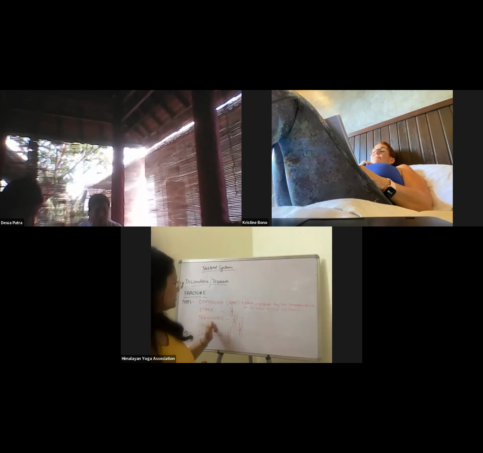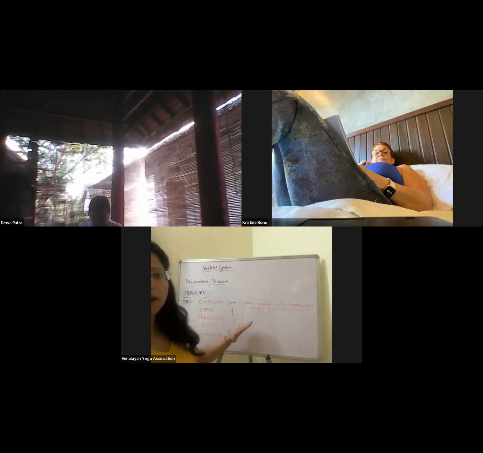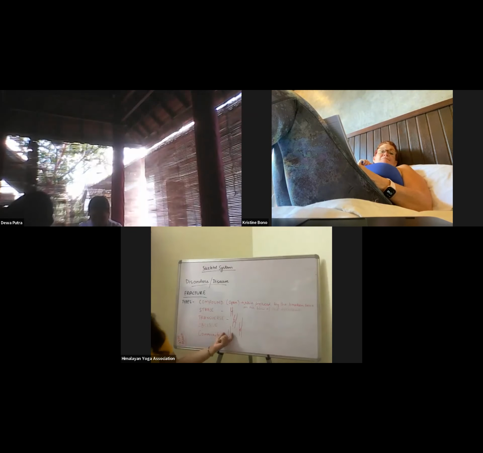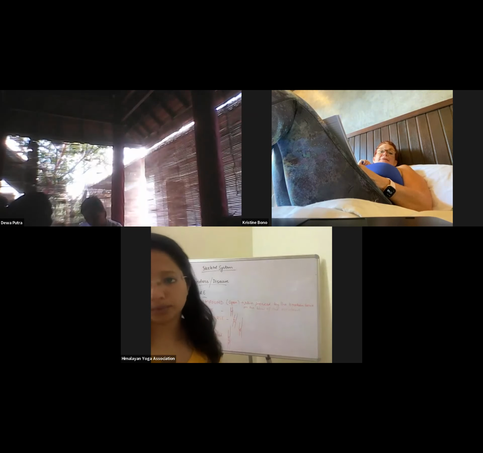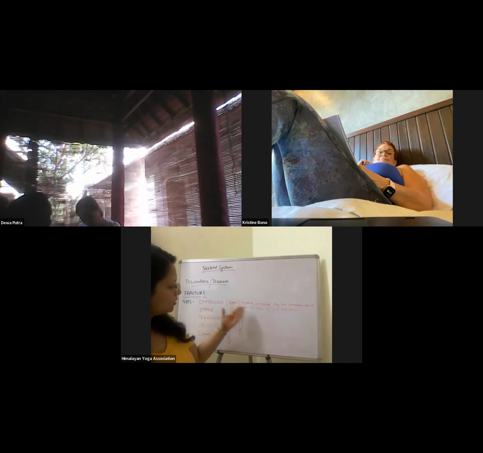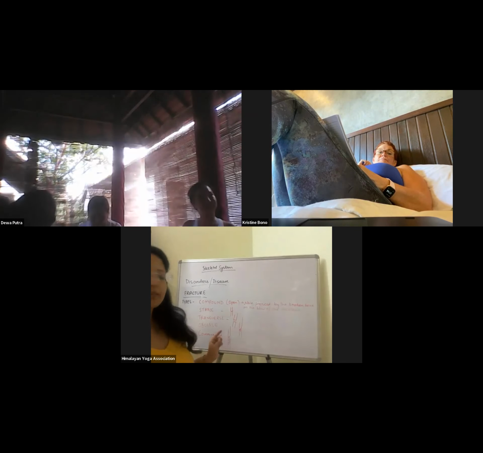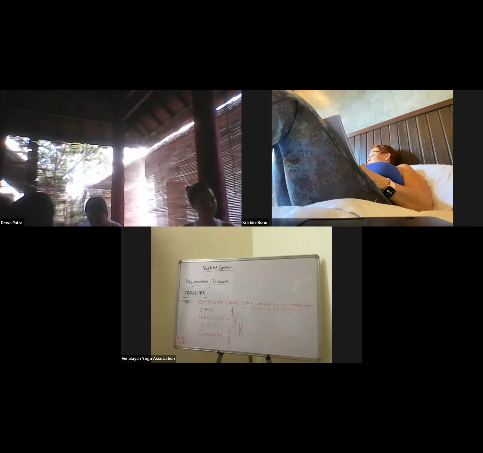Transverse is when the angle is horizontal across the bone. Oblique is when the crack is angled. Comminuted is when the bone is broken into three or more pieces. Like in this, there are only two pieces, but in comminuted, it's broken into small pieces. You can take a screenshot.